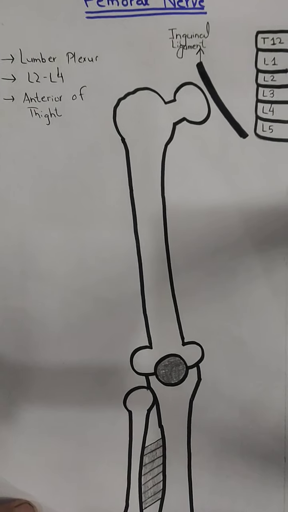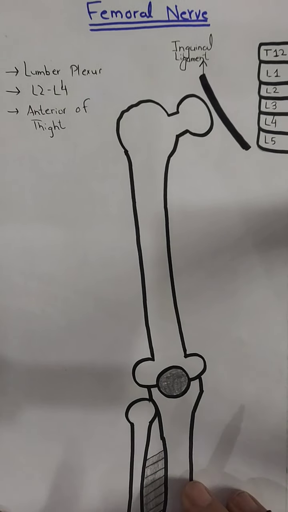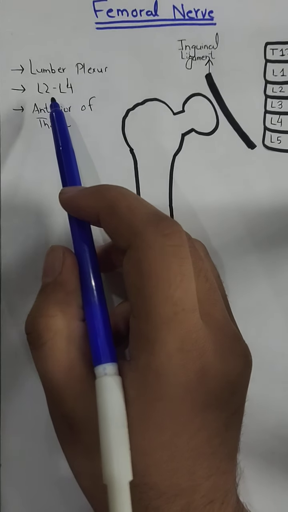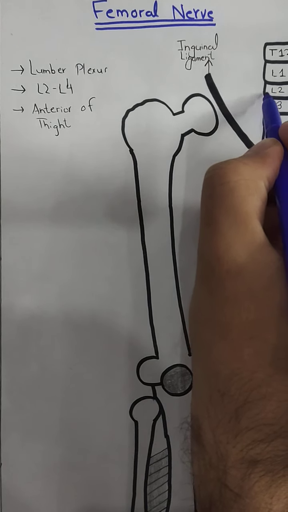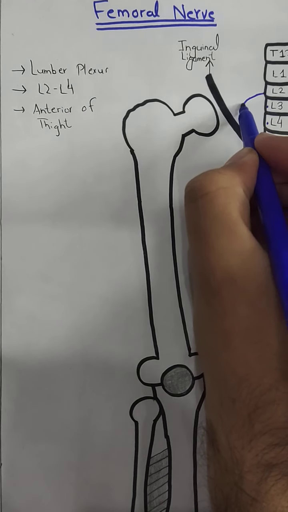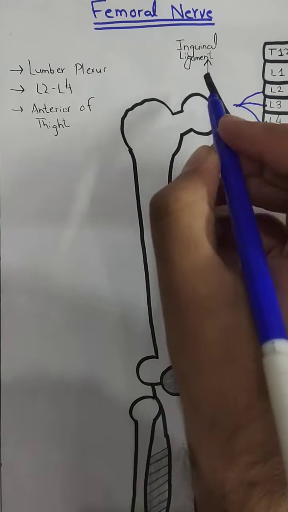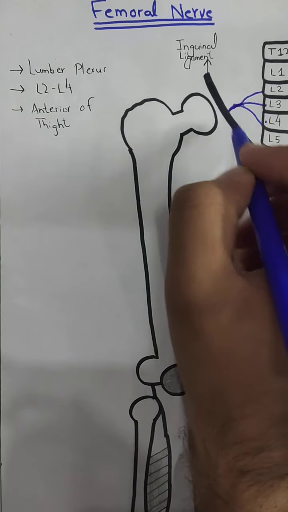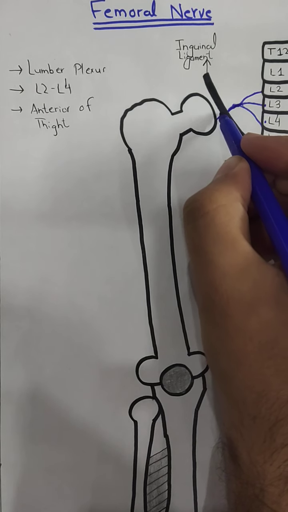Now we will see the course of this nerve. As we have discussed, it arises from L2 to L4, that is L2, L3 and L4. It will originate from these three vertebrae, and it will pass posterior to the inguinal ligament to enter the thigh region.